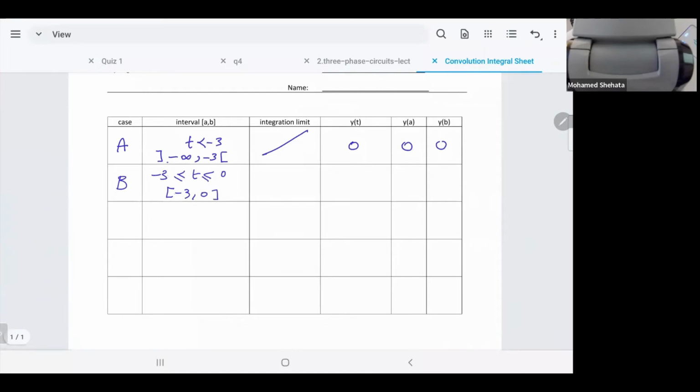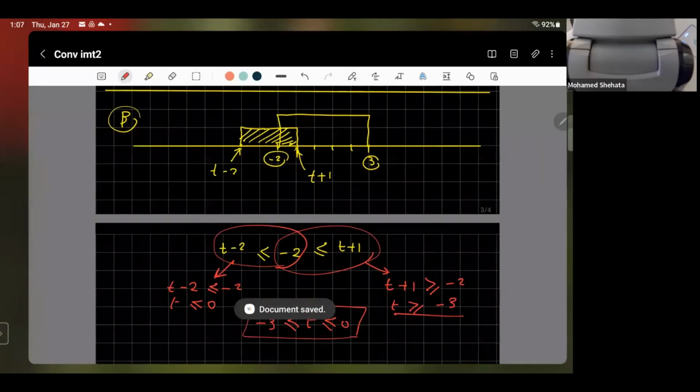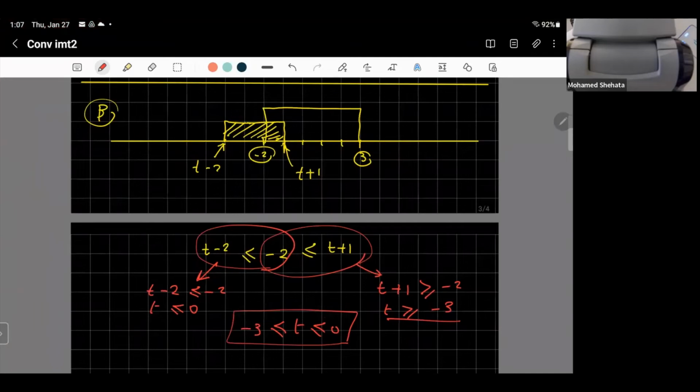There is the integration limit. You want to know the integration limit? Let me go back. Then you tell me, is the integration limit different than the interval? Yes. When you want to integrate, you integrate only the common part. It's overlapping only in this region, not all of it, right?